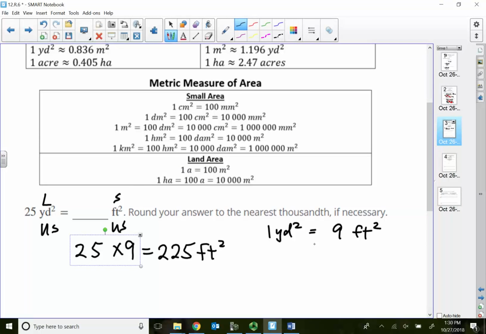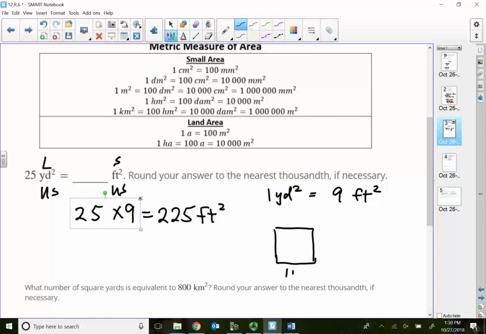So basically, when you see square, it means you have a square. 1 square yard means you have a square that is 1 yard by 1 yard. So when you find the area, that's 1 square yard. But every 1 yard is also 3 feet. So 1 yard by 1 yard also means 3 feet by 3 feet. That's the reason why 3 times 3 gives me 9 square feet. That's where the 9 comes from.